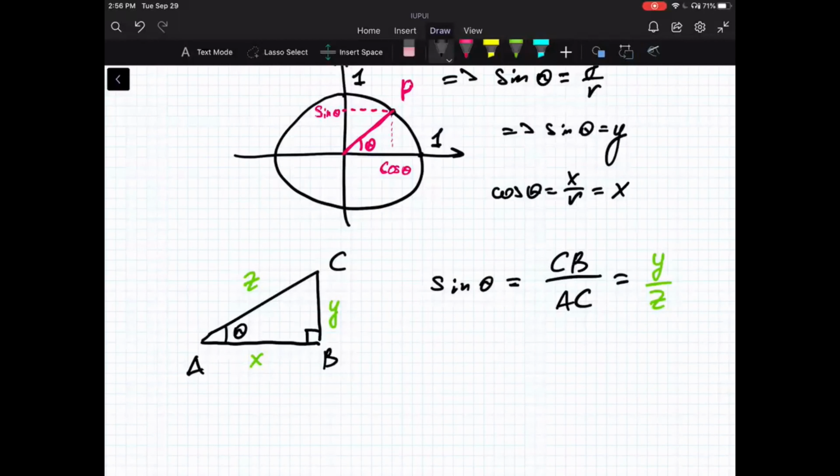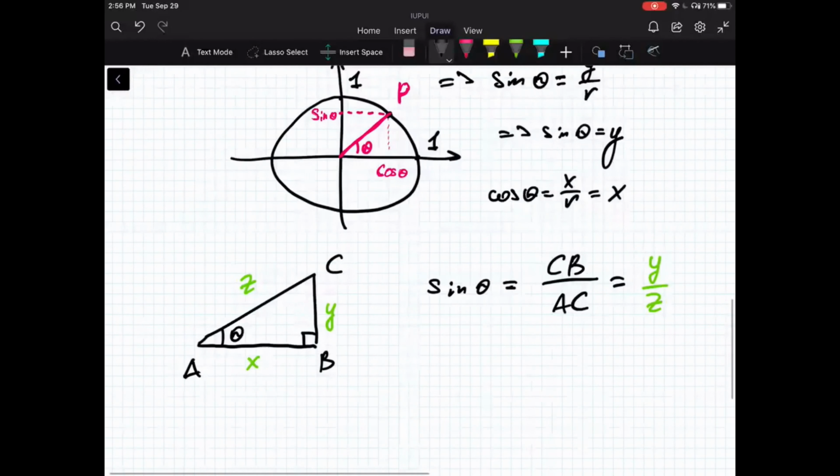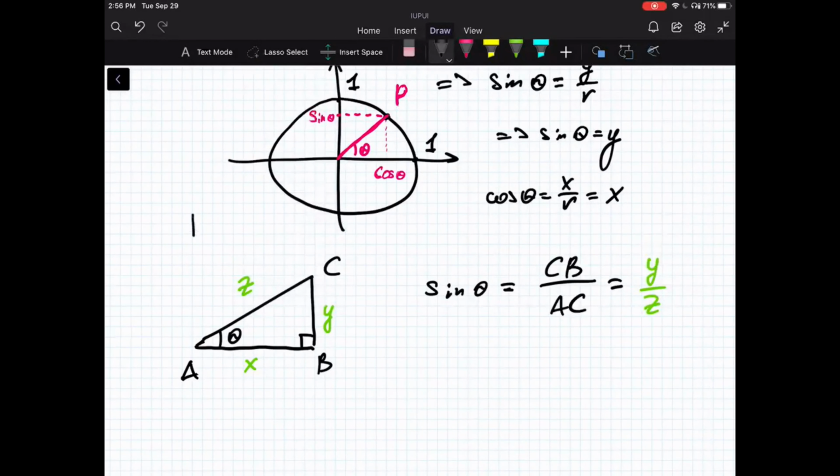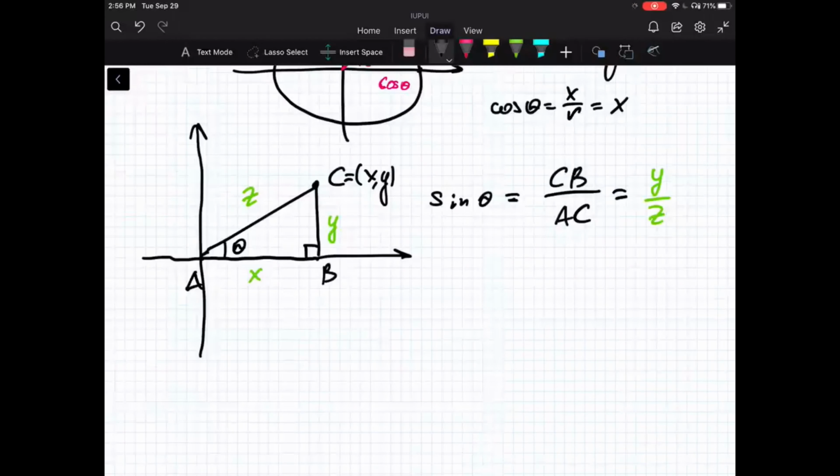How to connect it with the previous? You just make the origin at point A and create these axes. So your point C has coordinates x and y, and again that will coincide with the first definition.